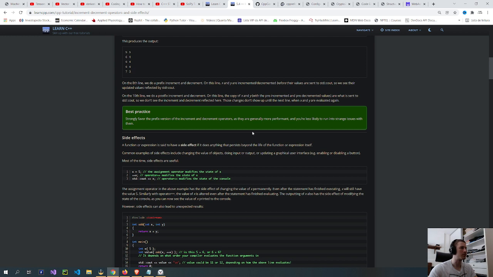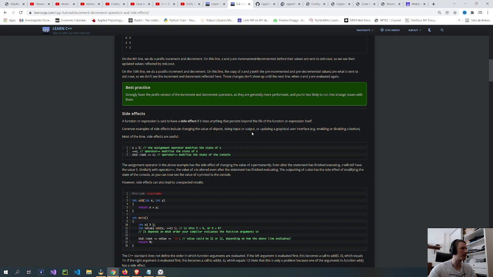So we don't see the increment and decrement reflected here. Those changes don't show up until the next line when x and y are evaluated again. Best practice strongly favors the prefix version of the increment and decrement operators, as they're generally more performant.